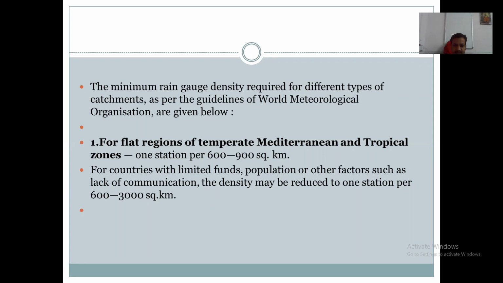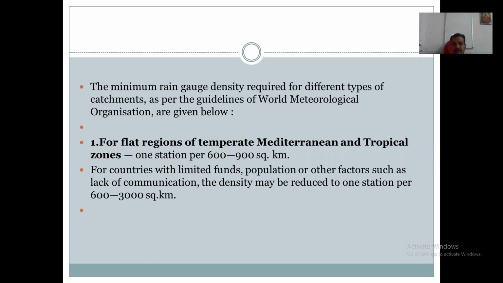and if limited funds are कमी असतील, for the countries whose economy is less, for the countries with limited funds, population or other factors, or lack of communication. In that case, the density may be reduced to one station for 600 to 3000 square kilometer. म्हणजे प्रत्येक 600 ते 3000 स्क्वेअर किलोमीटरला एक रेन गेज स्टेशन त्यांनी घ्यायला सांगितले.